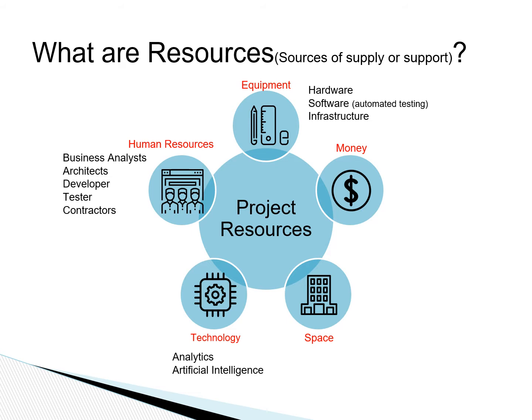Projects may also need other technologies for, say, data analytics or AI. The project team should consider all resources that are required for the project, and make sure that the project plan considers the need for all of those resources.